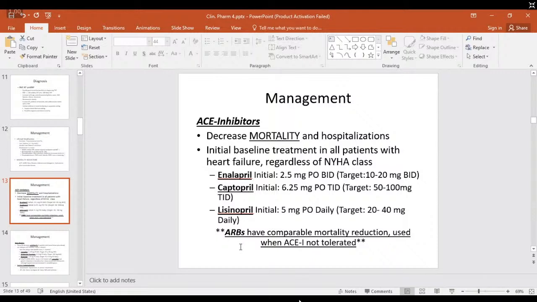In terms of adverse drug reactions, you know that it's really more common for ACE inhibitors to cause a dry cough. This is not the case with ARBs, which also have a mortality reduction and a decrease in hospitalizations, which is very similar to the ACE inhibitors. So we can use either ACE inhibitors or ARBs.